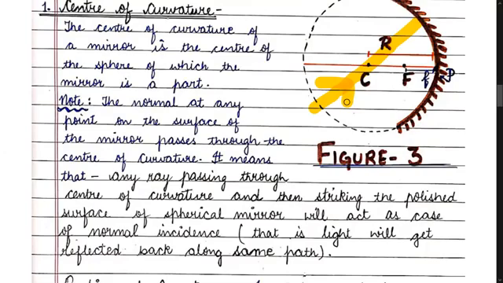Students, the case of normal incidence was done earlier in the first exercise of the same chapter, and we have discussed there that when the light is normally incident, after striking the mirror, it will get reflected back along the same path.